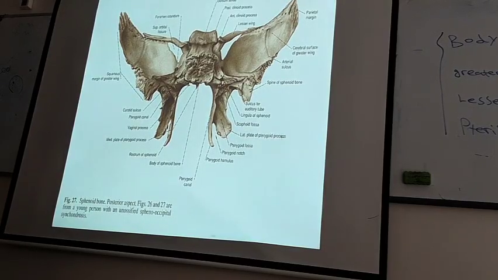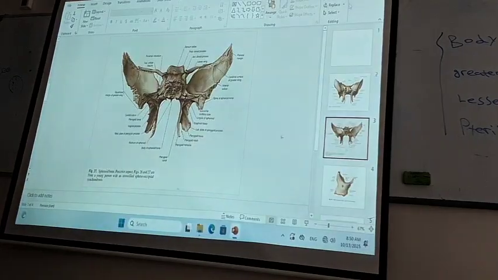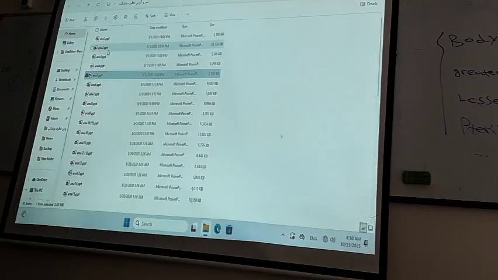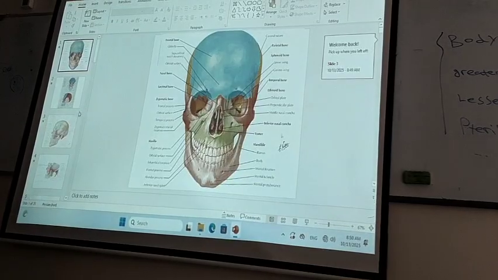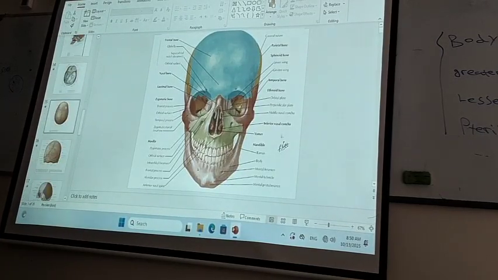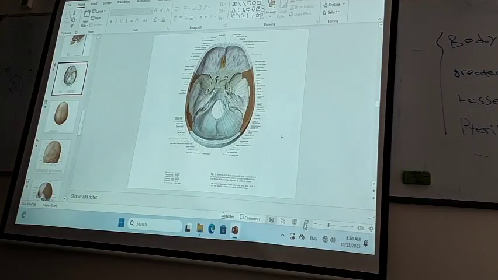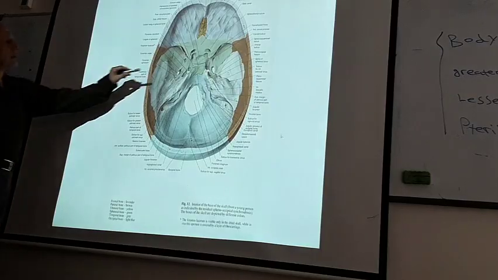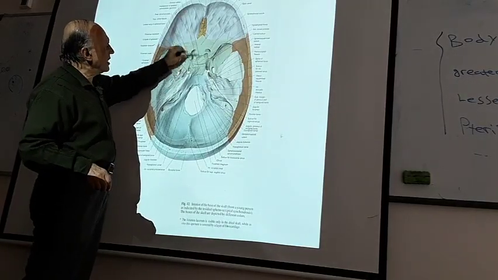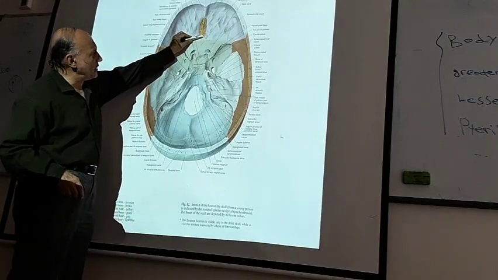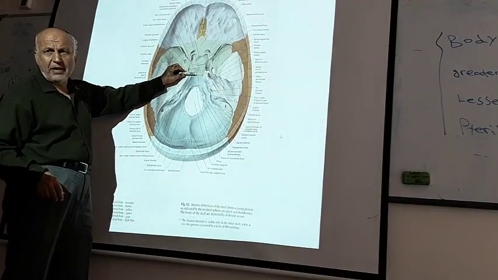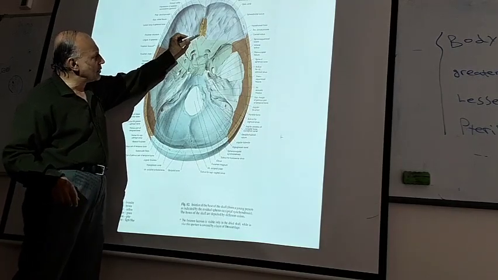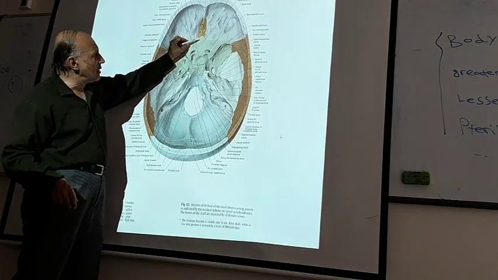We come back to the previous figure. Here is the body, the superior surface of the body. From anterior to posterior, we have many points here. One is this, articulated with the ethmoid, named the ethmoidal spine.